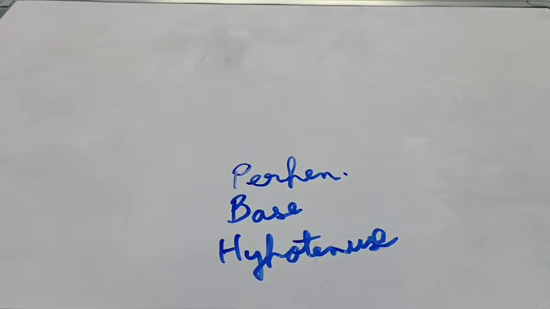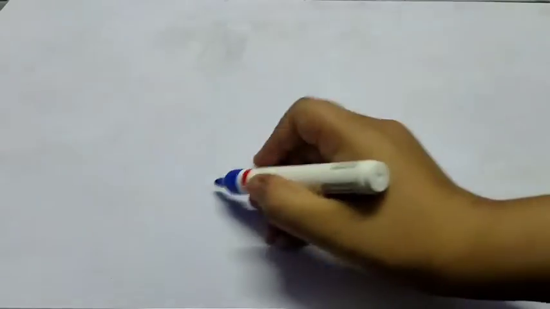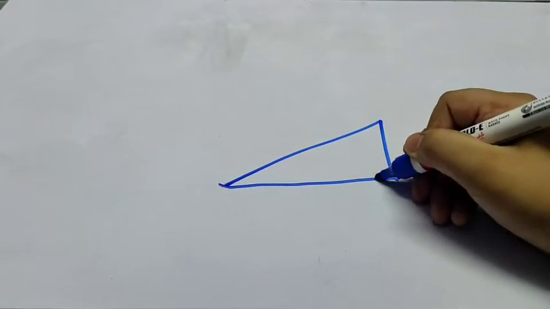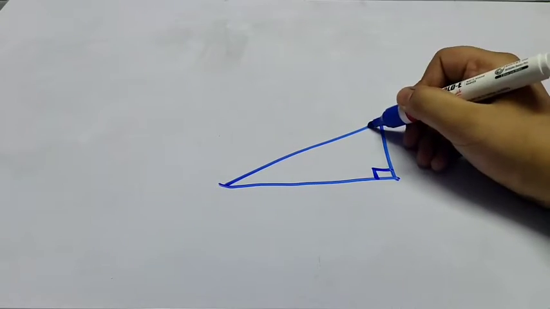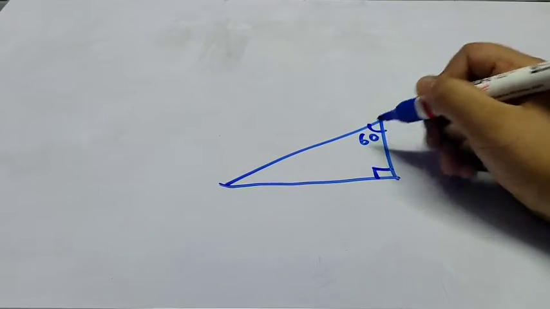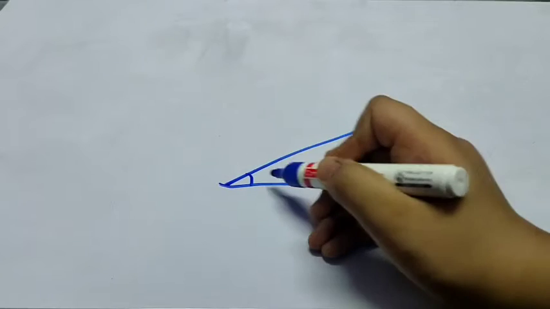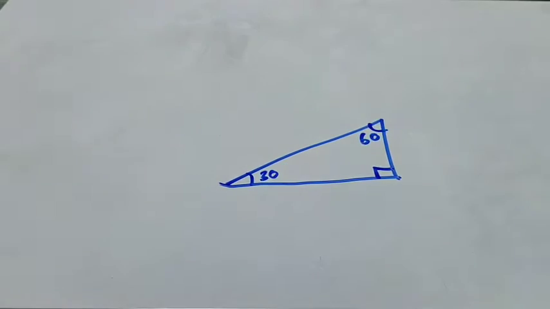Now we'll be seeing how you can see all of them in triangles. In trigonometry in schools, what you need to study is only about two triangles. That is the 30 60 90 triangle, where this angle is 90, this is 60, and this angle here is 30.